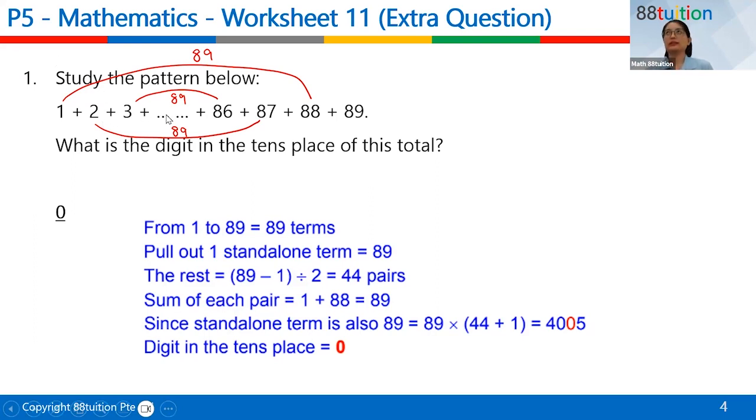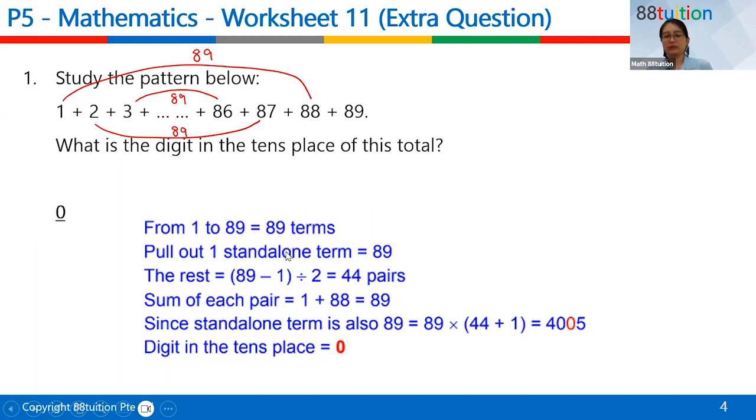There's an easy one and there's a harder one. This is the extra question. The one that you have is a bit harder. This is quite straightforward, so I put this as my first question. You realize that the first and the last will always give you 89. So we first need to figure out how many pairs there are.